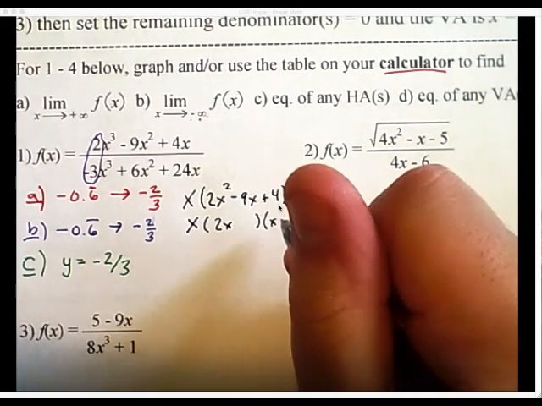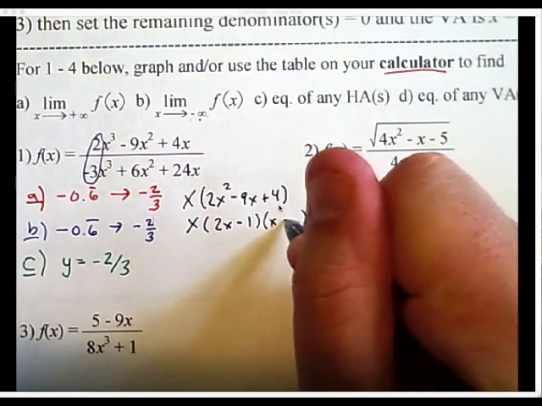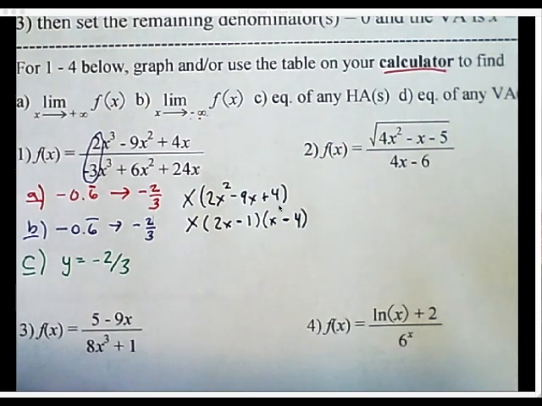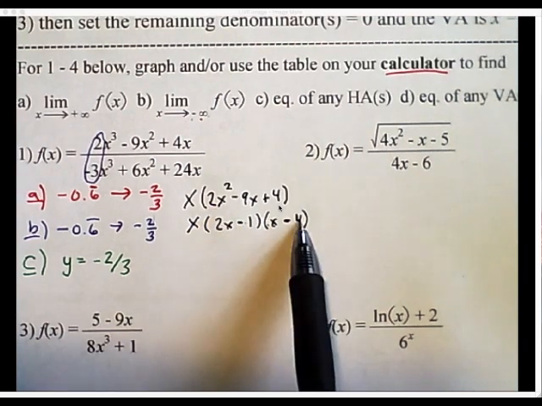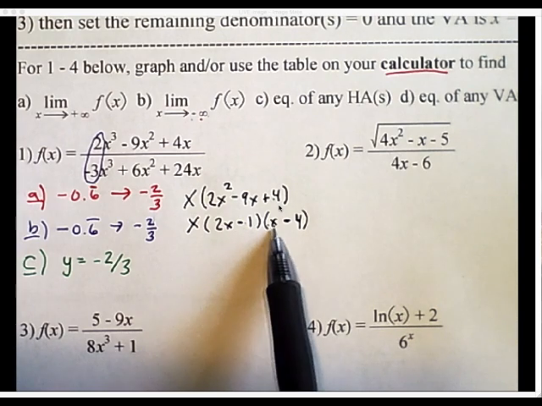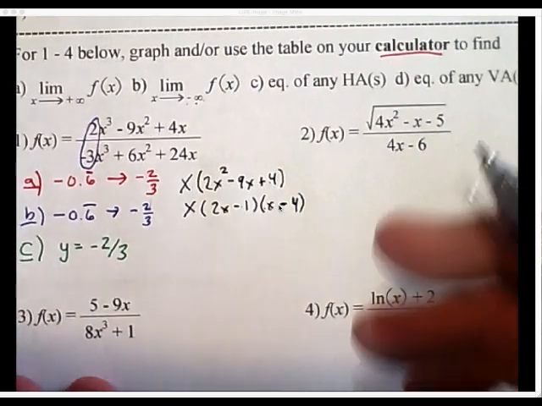You could get a 2x minus 1 times an x minus 4. Do a quick FOIL, 2x squared, that works. Negative 1 times negative 4 is positive 4. And if you do inners and outers, negative 1x, negative 8x, combine them, you get negative 9x. So that's the right way to factor that.